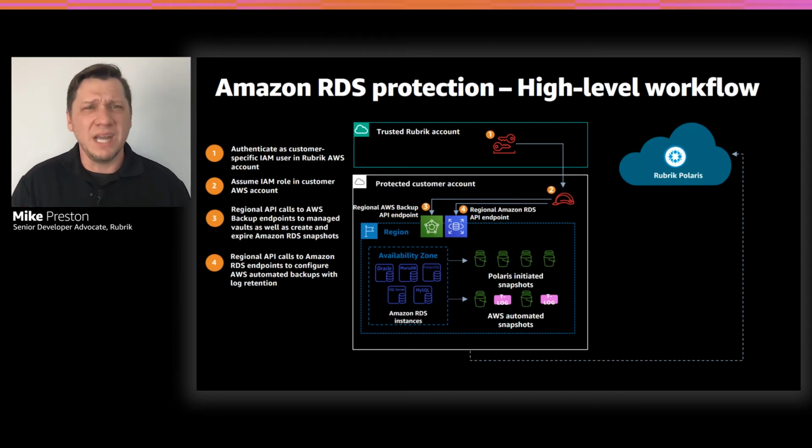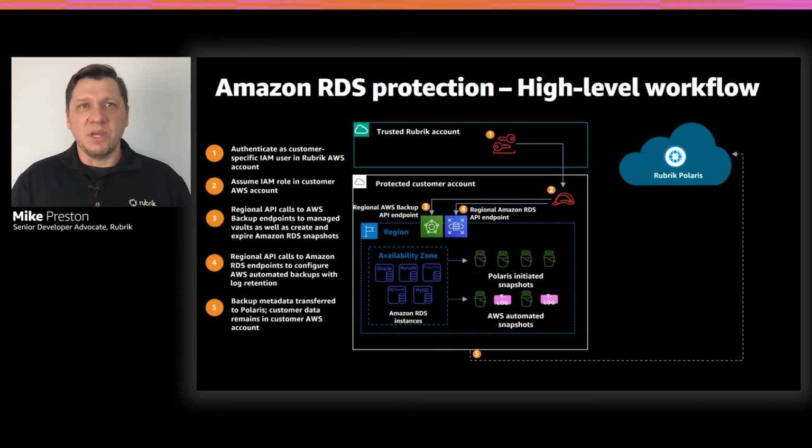So we'll go ahead and enable that if that's the case. So we have that ability to capture right down to, I believe it's 5 minutes with AWS. From there, again, all of the backup metadata gets transferred back. All of your database instance data and backups and snapshots stays within the customer account.